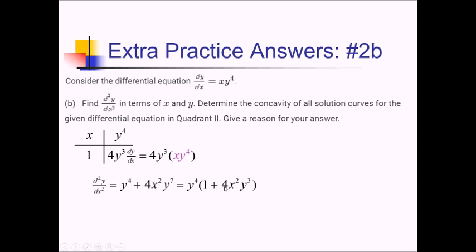And that's going to help me figure out whether my second derivative is positive or negative in certain places. So now in quadrant 2, that is where the x values are negative and the y values are positive. So given that fact, what does that tell us about our two factors, y to the fourth and all of this stuff in the parentheses?